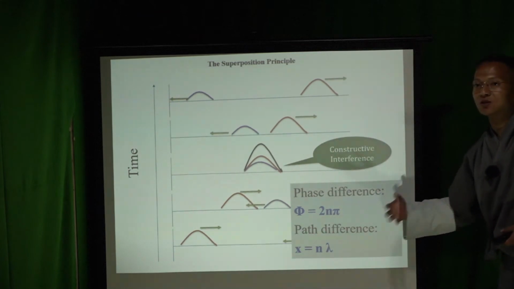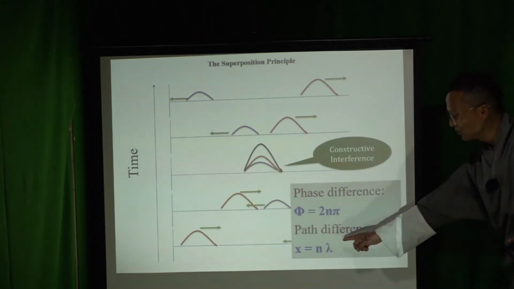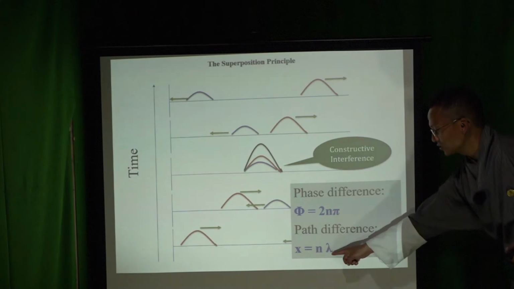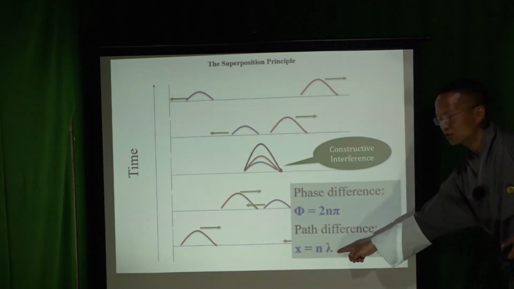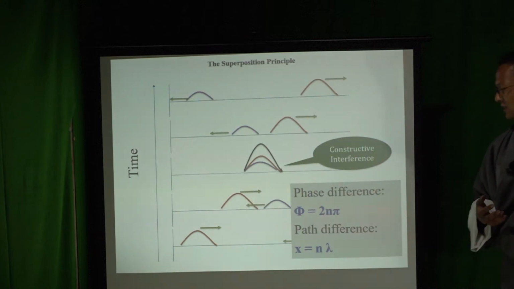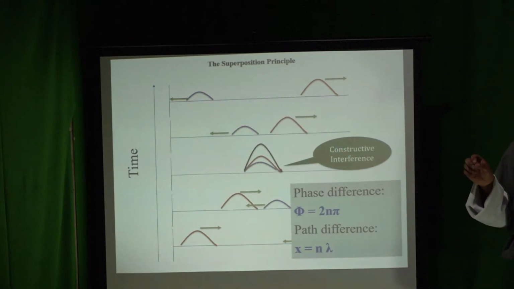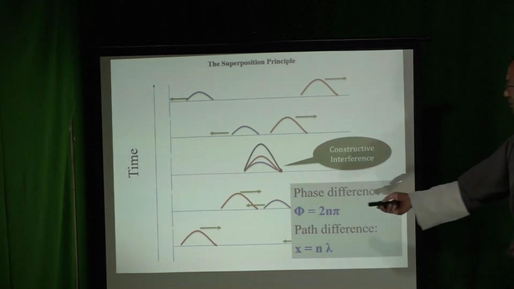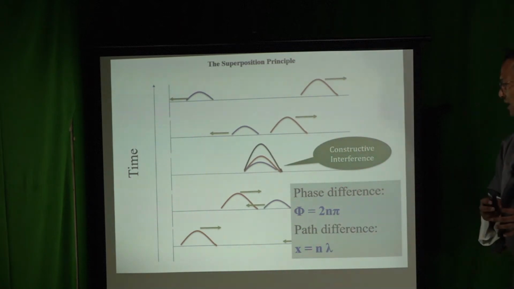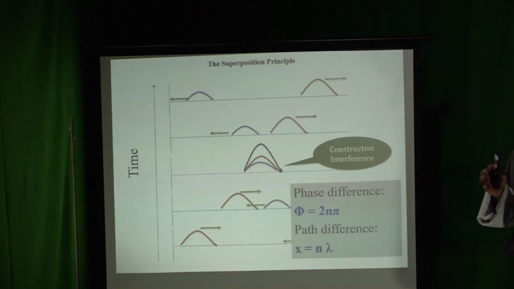Pi here means angle. And if you look at the path difference, it is talking about the wavelength, that is lambda. So path difference, as I said, describes the position in a wave in terms of length, whereas phase difference talks about the difference in terms of angle between two waves.